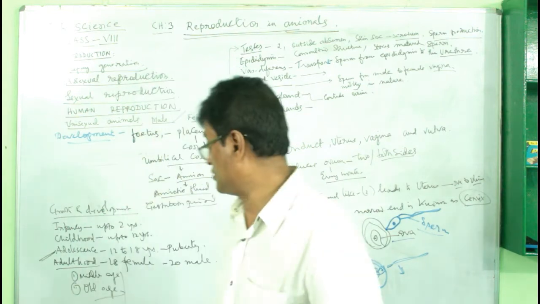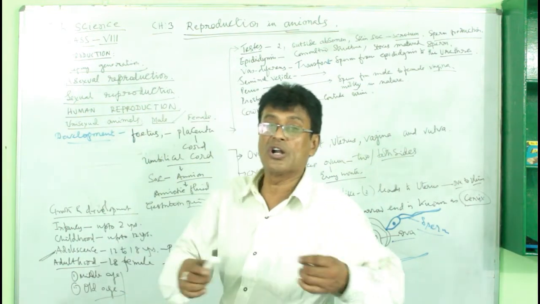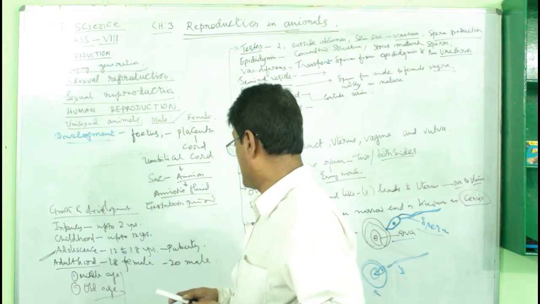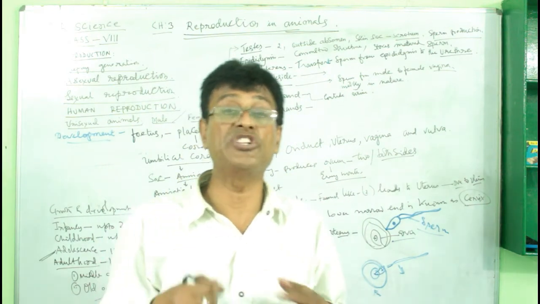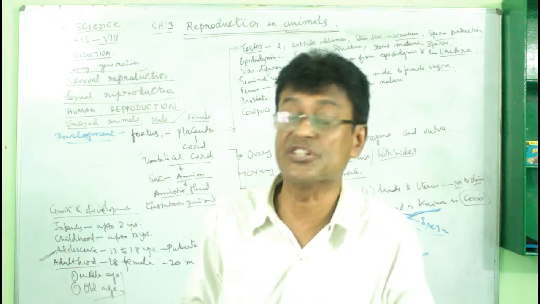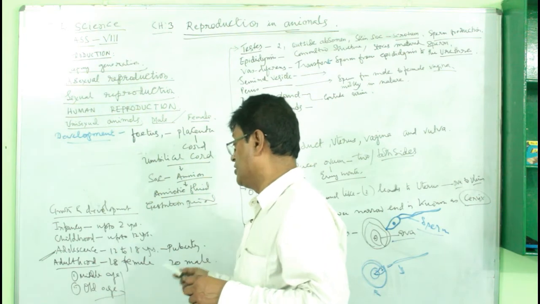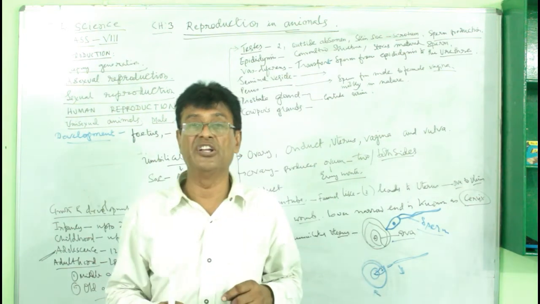It is the preparation for the reproduction stage. All the organs become mature, and hormonal changes occur. These hormonal changes together are known as puberty. During puberty, they are ready for the next stage.